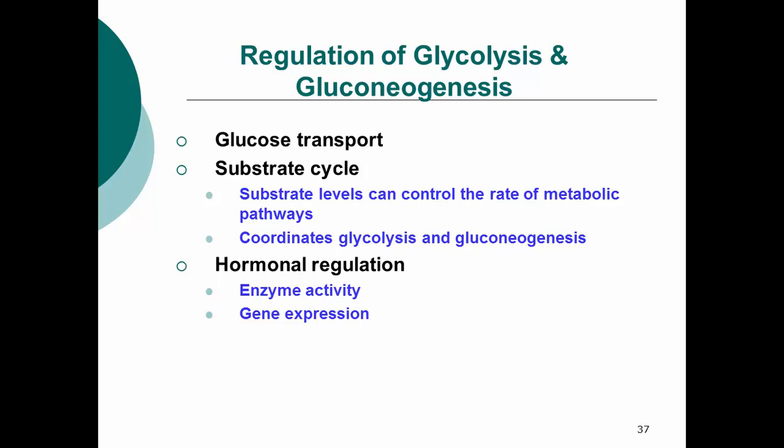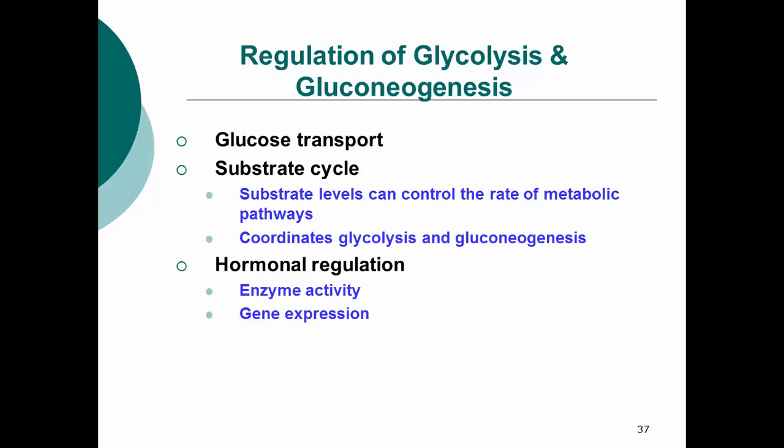We know that glycolysis mostly occurs in the fed condition, right? And gluconeogenesis occurs in the fasting. So how our body can switch from oxidizing glucose to making glucose during the different physiological conditions. So multiple things are involved in terms of regulation.